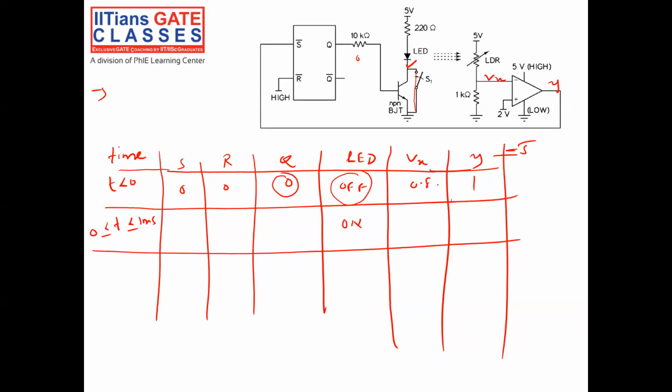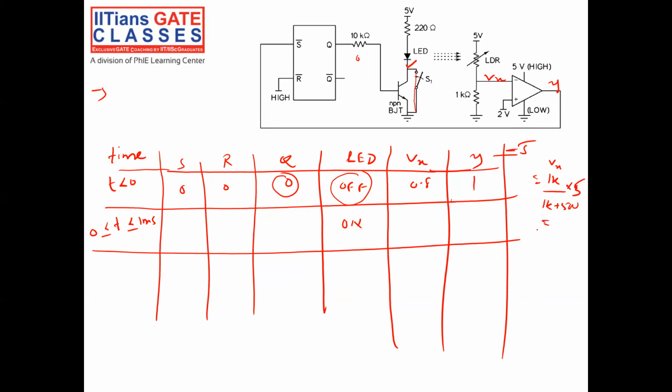So Vx will be 1K divided by 1K plus 500 ohm into 5 volt.